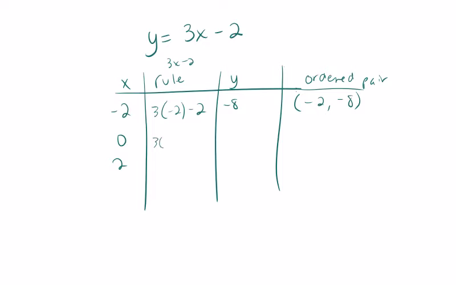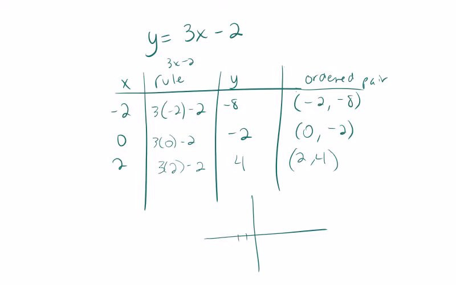Okay, 0. 3 times 0 minus 2. Well, 3 times 0 is 0, minus 2 is negative 2. So the ordered pair would be (0, negative 2). 3 times 2 is 6, minus 2 is 4. So (2, 4) is the ordered pair. And then I could graph those: (negative 2, negative 8), (0, negative 2), (2, 4).